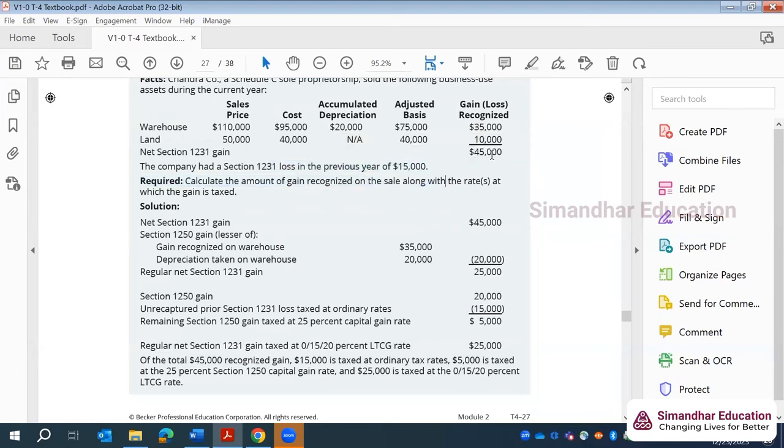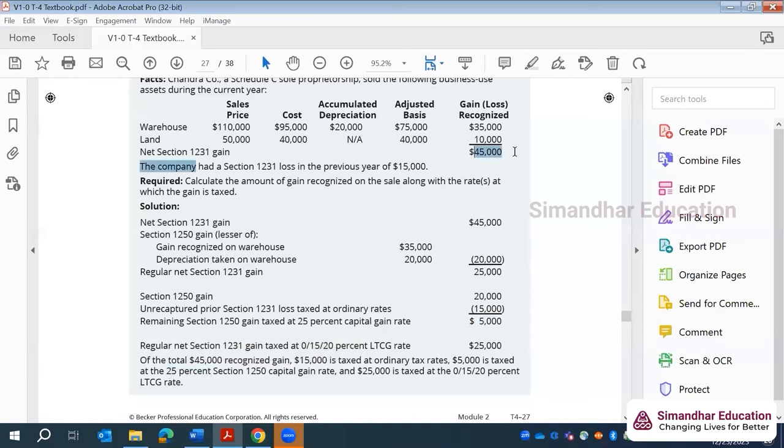So out of $45,000, 15,000 will be taxed at ordinary tax rate. Okay. How much of the gain is left? 30,000. Out of that 30,000, 5,000 is your section 1250 gain. So how much tax rate will be paid on this $5,000? On this $5,000, you are going to pay a tax rate of 25%.